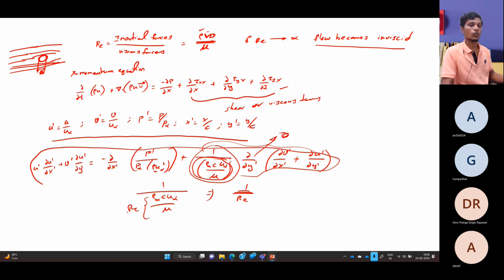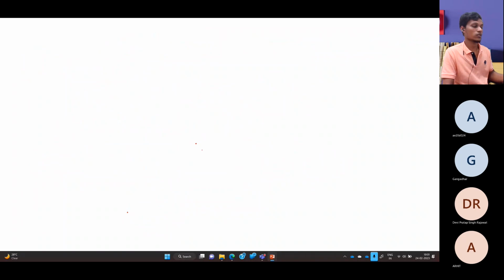This is one of the important points that we need to understand, how the Reynolds number is affecting the flow physics. So let's see the next concept. We learned some of the important concepts of Bernoulli equation, Euler equation, and the use of continuity in those lectures.